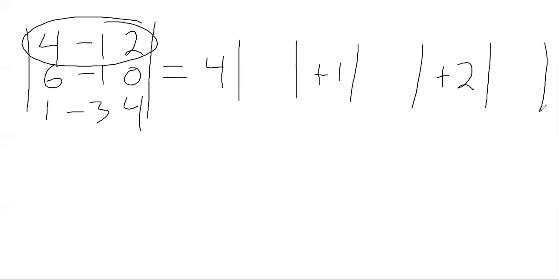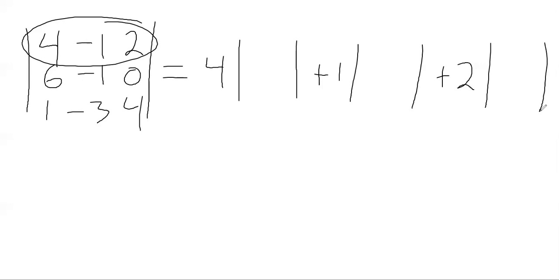When we expand it, of those coefficients 4, -1, and 2, the first coefficient, in this case the 4, will keep its sign. The second coefficient, the -1, is going to switch signs. And the last coefficient of 2 is going to keep its sign. So anytime we're expanding, we want to keep the sign of the first term, switch the sign of the second term, and keep the sign of the last term.